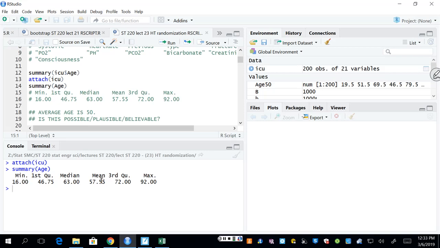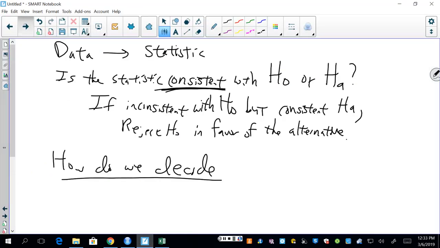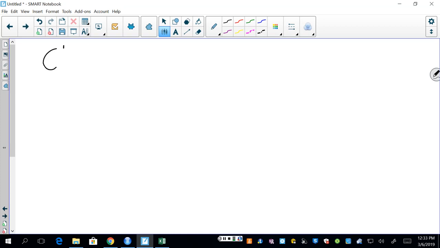We're going to imagine that some hospital administrator or somebody says that the average age of the people going into the ICU is 50. So the claim that we make is that the average age is 50 years old.